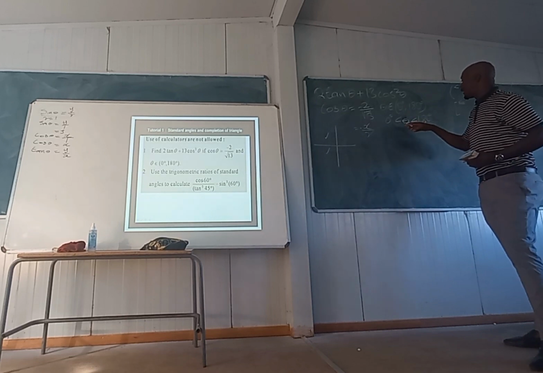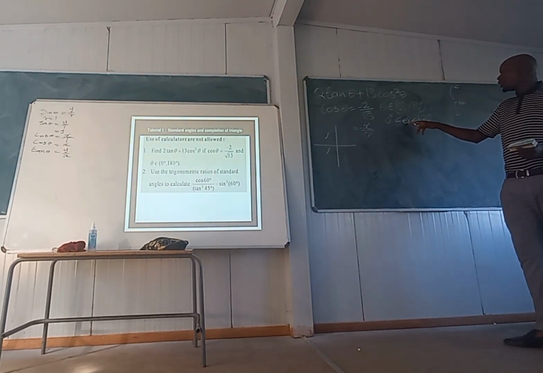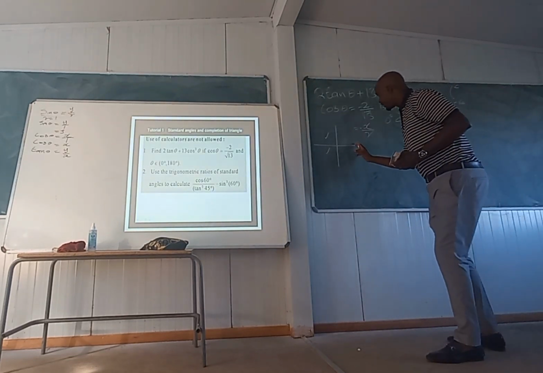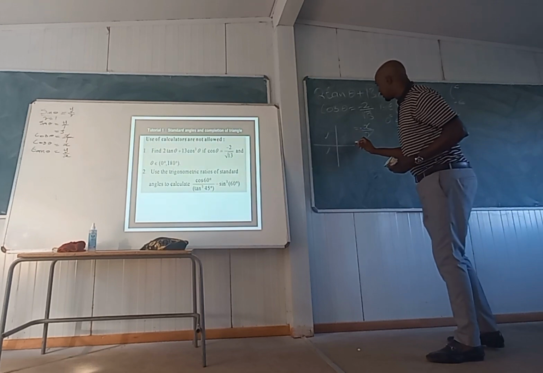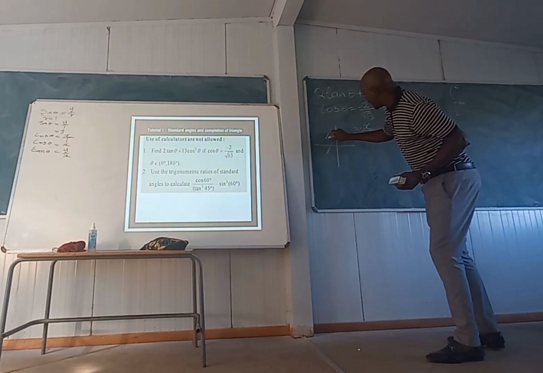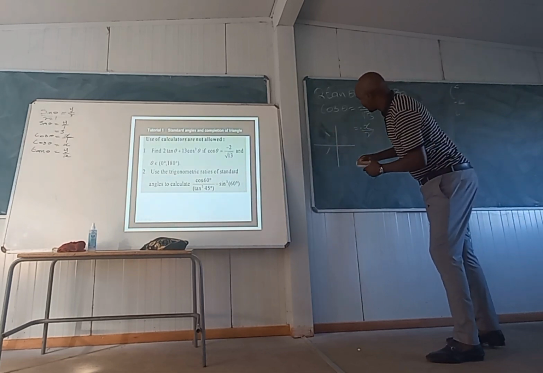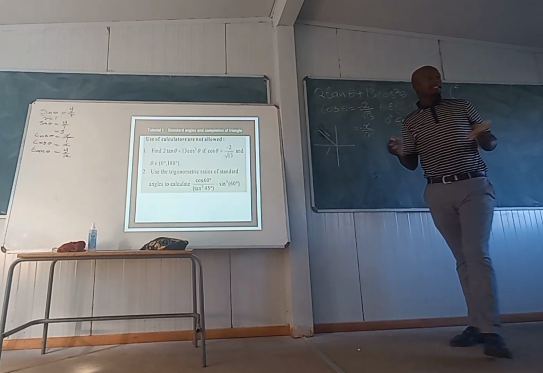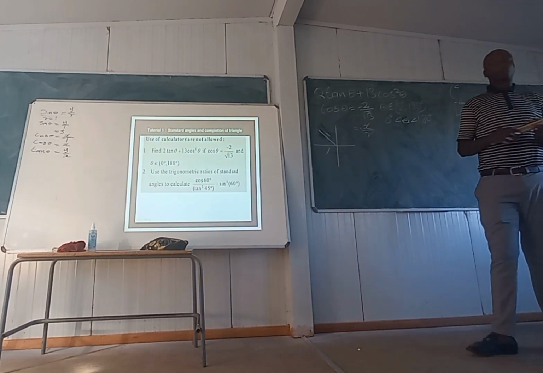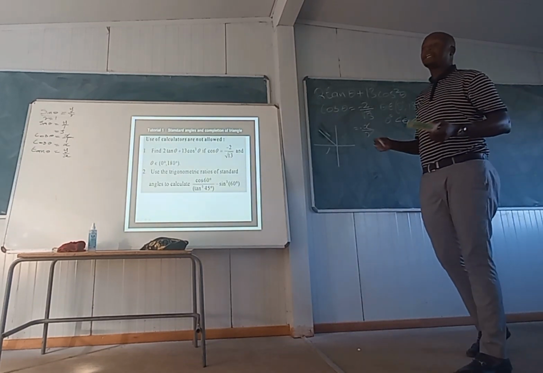Then theta is greater than 0 but less than 180, therefore the diagram must be in the second quadrant. So whichever way you start.